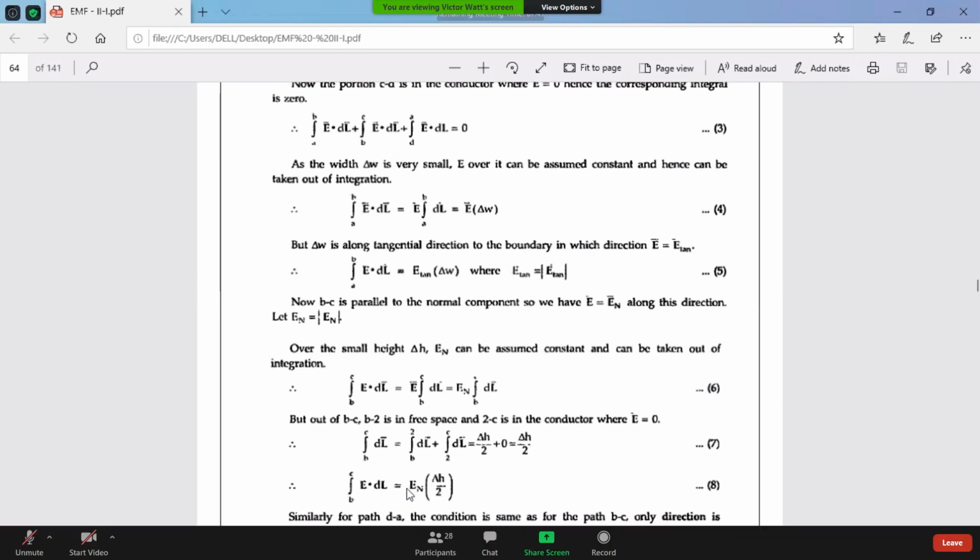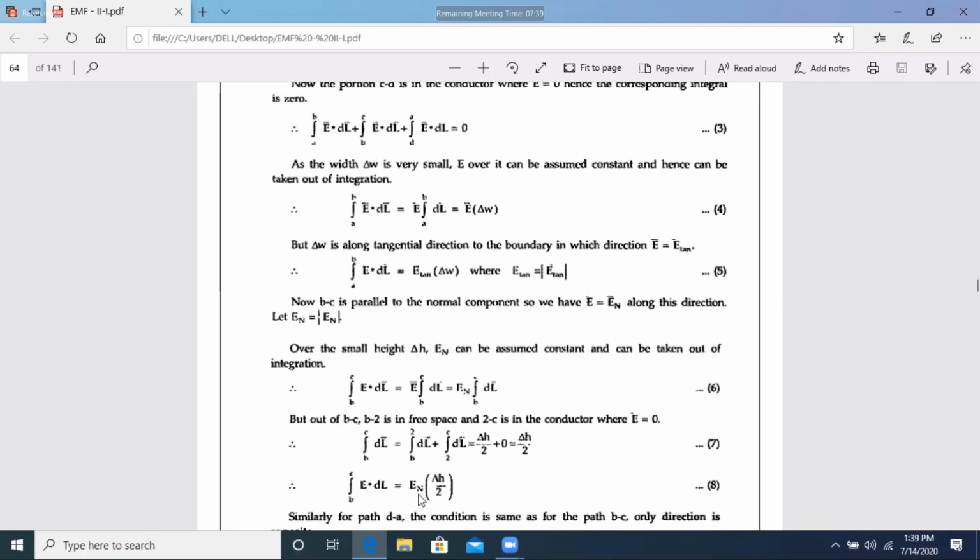C to B, dl is B to 2, that is B to the conductor, and 2 to C, 2 to the other end.